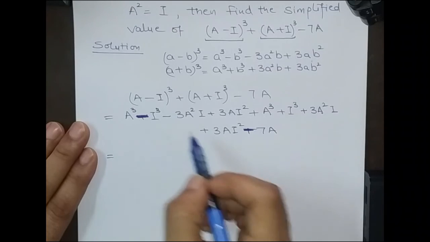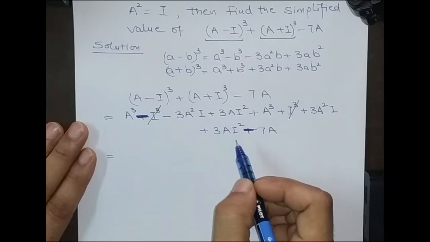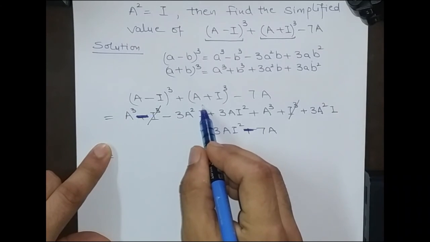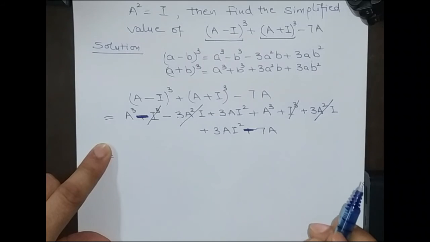Here this is minus I cube, this is plus I cube, this is minus 3A square I, this is plus 3A square I. We'll cut them off.